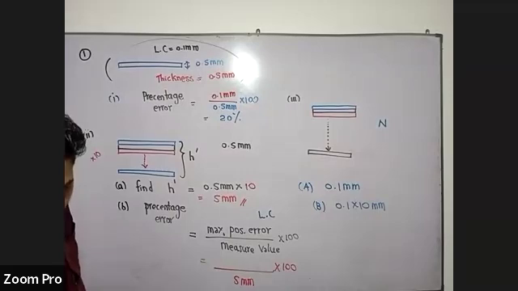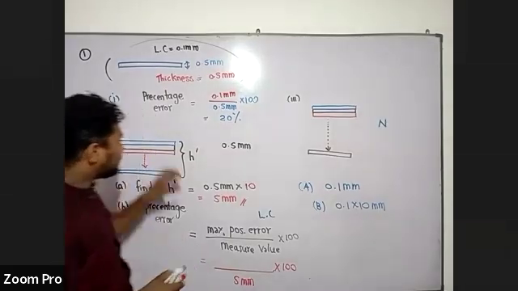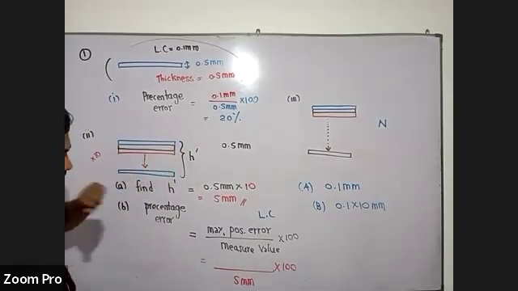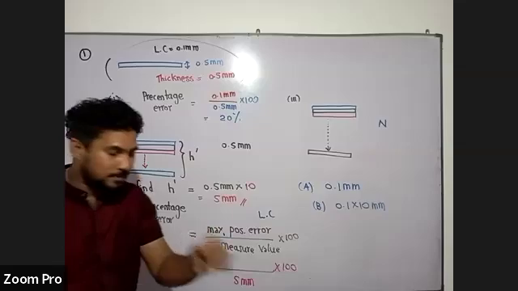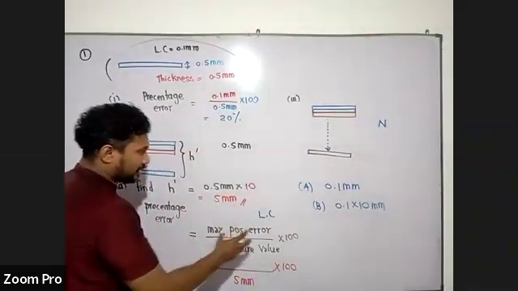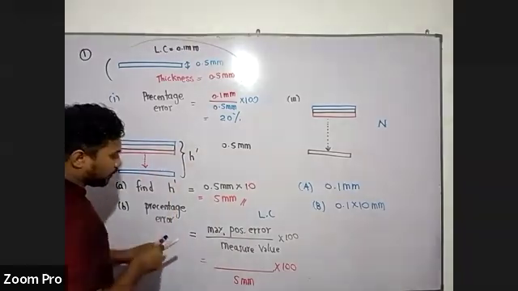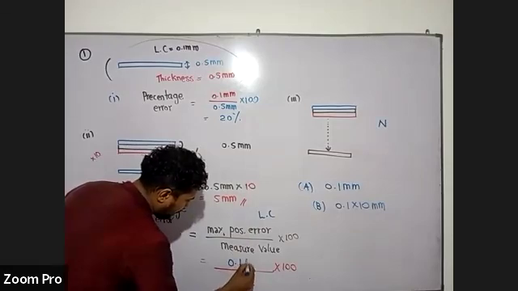Right. So this is the crucial point in this question. Even though we kept 10 sheets according to the diagram, we measure the thickness by using the vernier caliper at once, right? So that's why the maximum possible error at this instance also is equal to 0.1 millimeter.